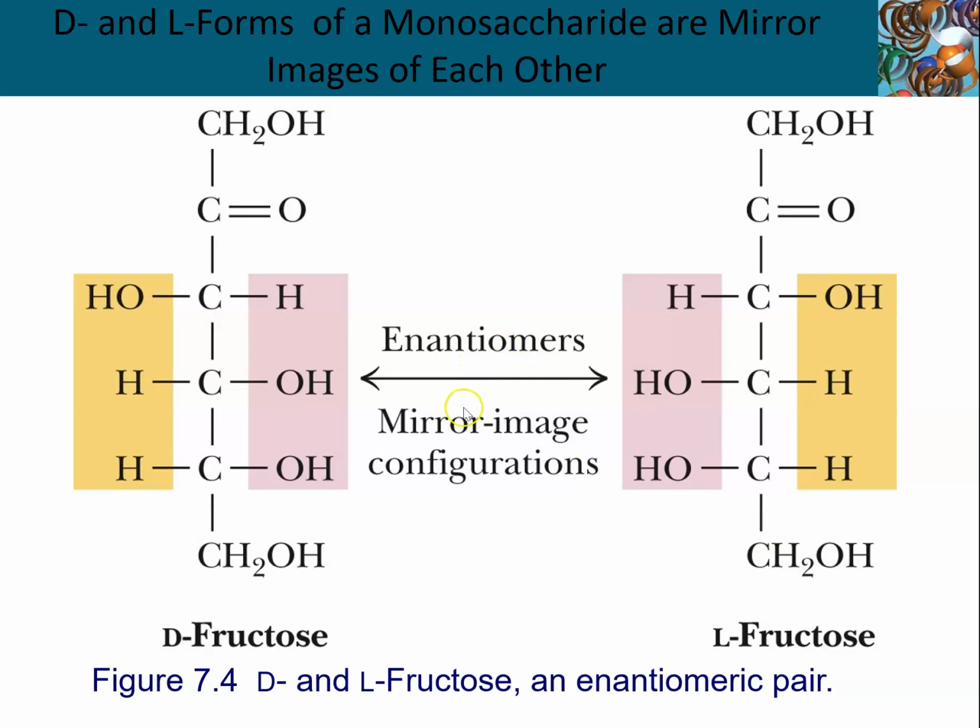So in this case, if we have D-fructose drawn with the hydroxyl group at the third carbon over to the left, and the hydroxyl groups on the fourth and fifth carbon to the right, when we put a magic mirror right down the middle here, near side stays on near side, far sides on the orange go over to the far side over here. Non-chiral positions don't matter.